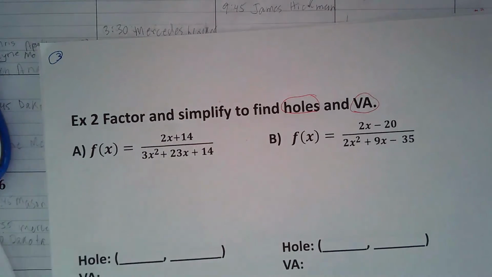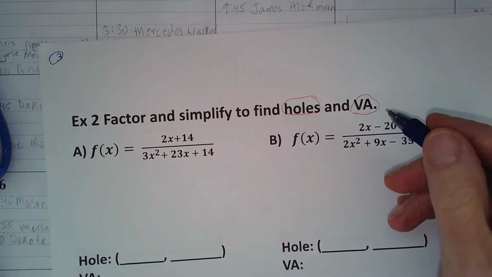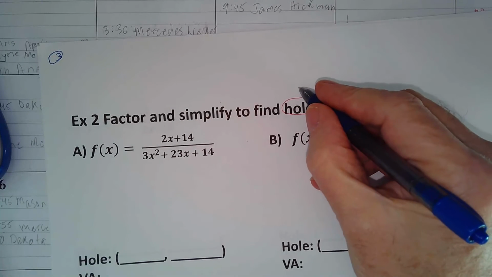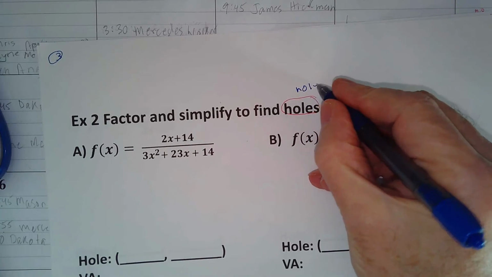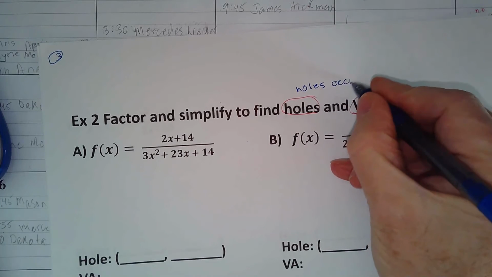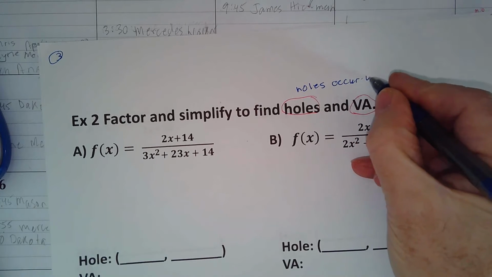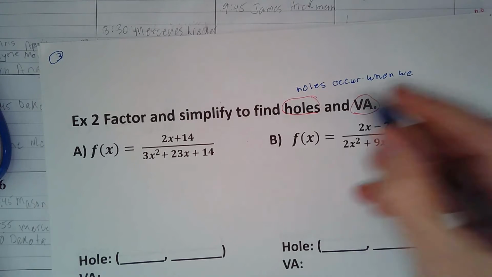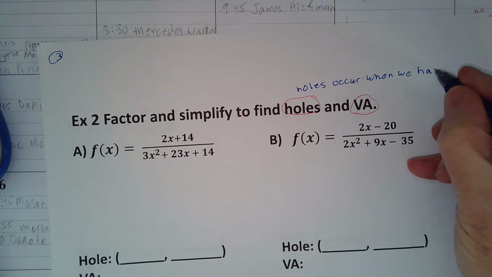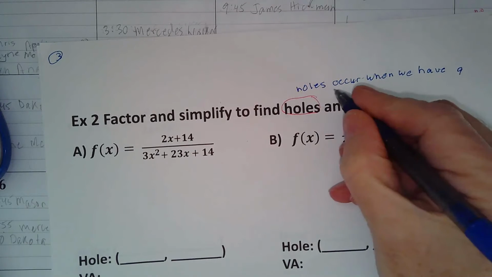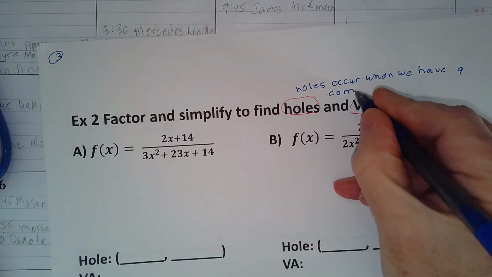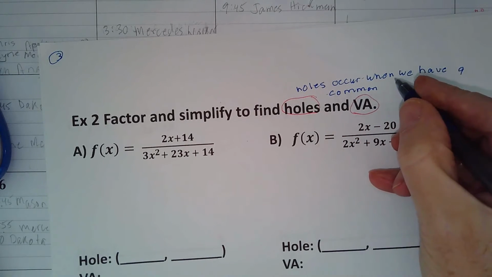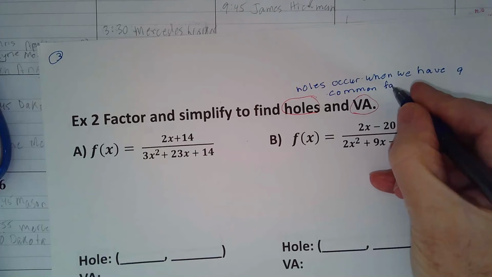So let's look at holes and vertical asymptotes. And holes occur when we have a common factor top and bottom.